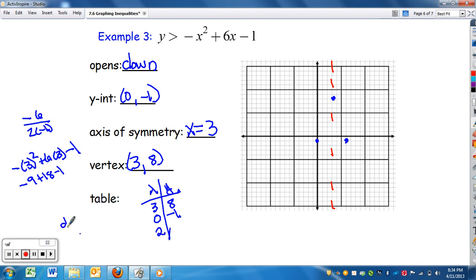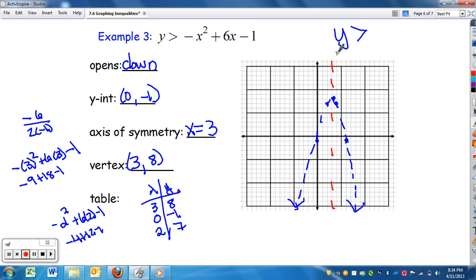So I go negative 2 squared plus 6 times 2 minus 1. 2 squared is 4, negative 4 plus 12 minus 1. It's 8 minus 1, which is 7. Plot the point, plot the symmetry point. Alright, so looking ahead, I have y is greater than. It tells me my parabola is dashed. Make my dashed parabola, fill the grid to help with my shading.